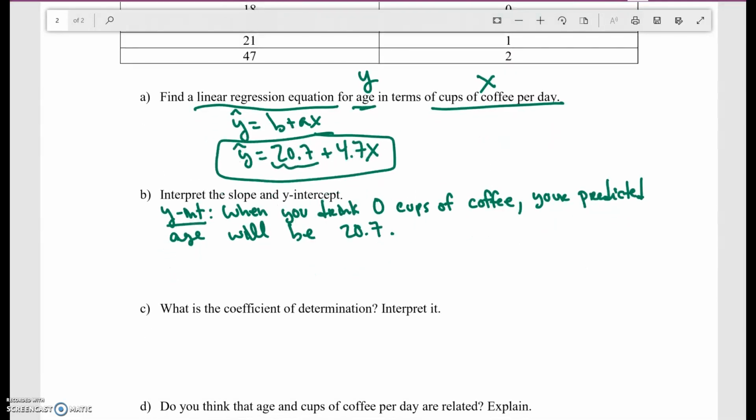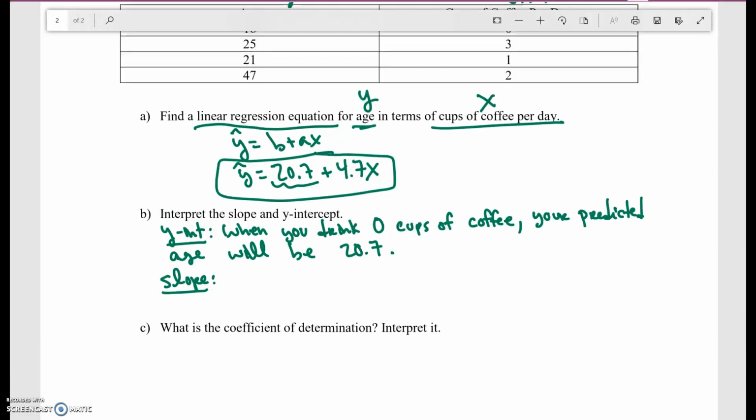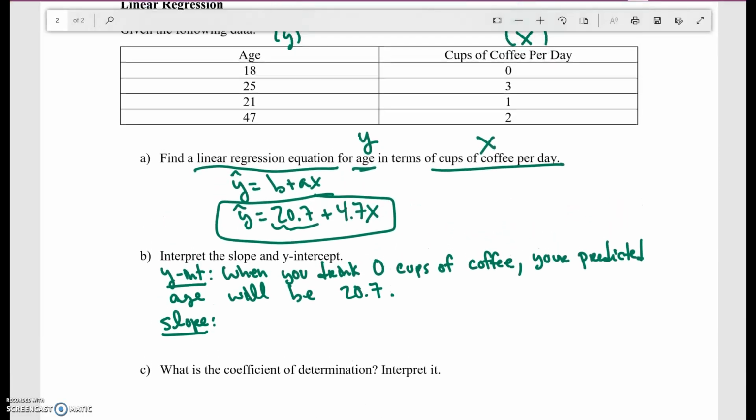The slope, what does the slope mean? The slope tells you that when you increase your x value by 1, so when I increase my cups of coffee by 1, how much does my y change? My y changes by whatever a is.